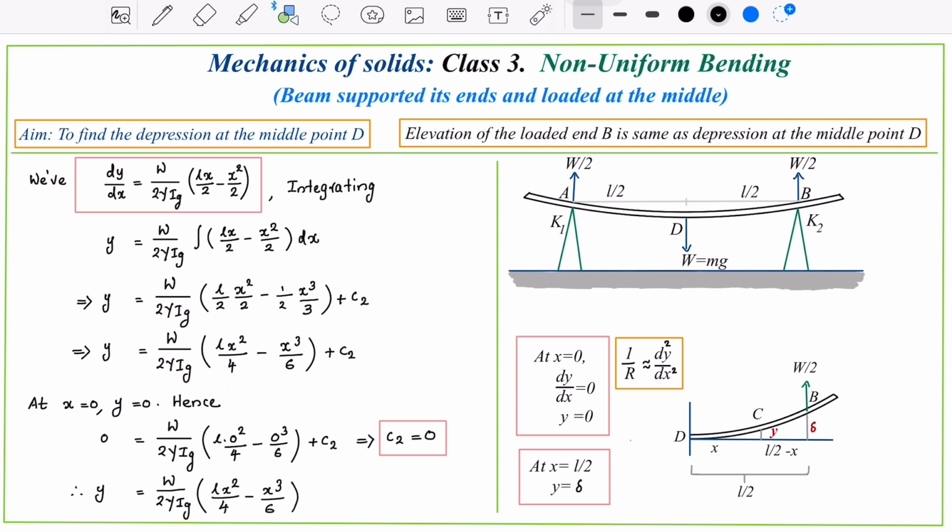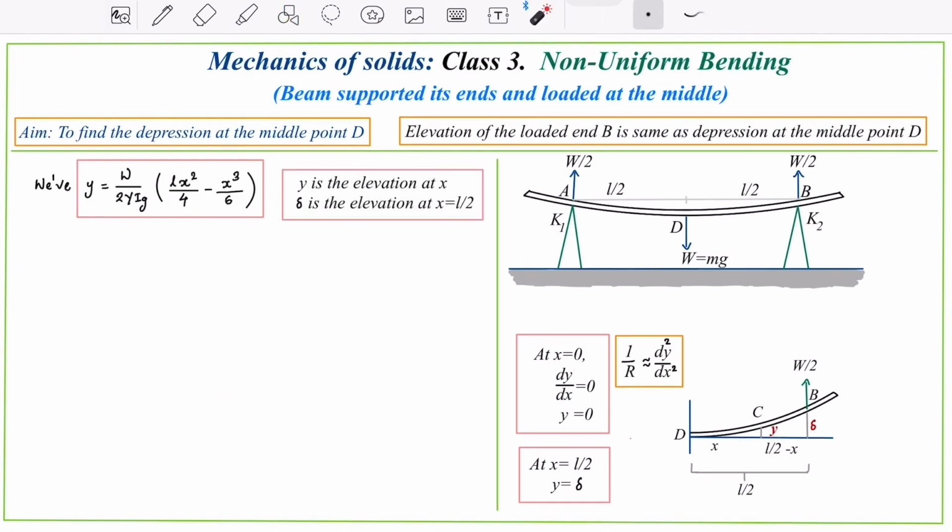This is the elevation of the inverted cantilever at x from the middle point, or at x from the fixed point D. That is, y is equal to w divided by 2YIg into lx square by 4 minus x cube by 6.